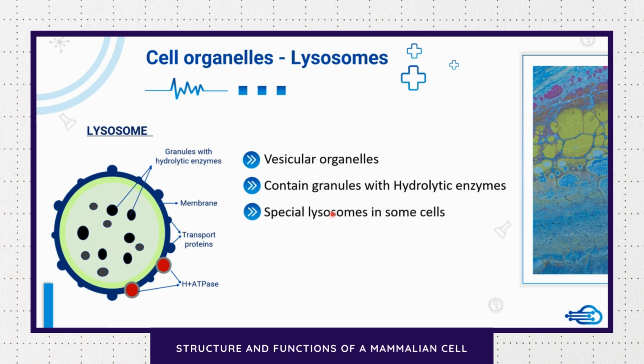Now, there are special lysosomes in some cells, for example, WBCs. You know that neutrophils, basophils, eosinophils have certain granules, and these granules are basically lysosomes. And then the acrosome in sperm, which is the cap present on the sperm, is also a specialized lysosome.